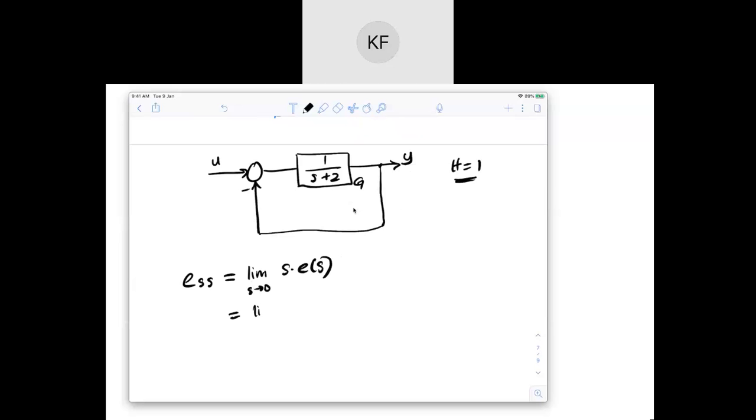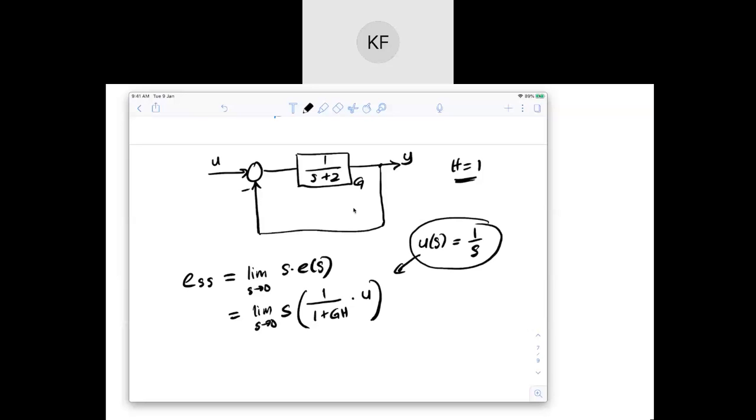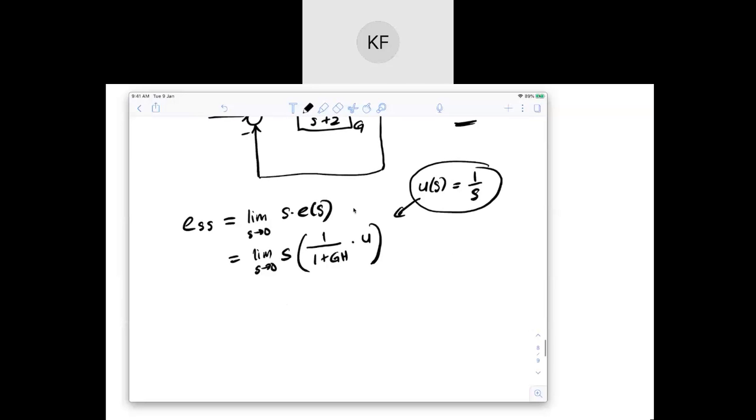It's going to be the limit as S goes to 0 of S multiplied by ES, which has now become 1 over 1 plus GH multiplied by U, from my previous derivation. Let's say for input U, I still give the same input, a step input with value of unity, to be fair to the system.